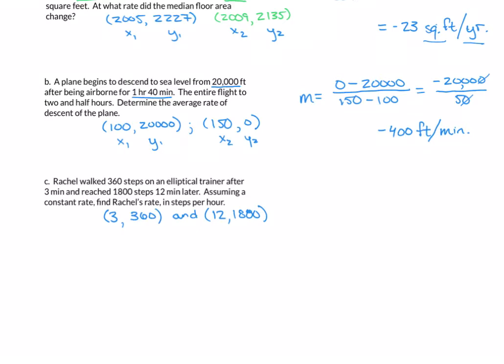So now let's go ahead and plug this into our formula for slope. We get m equals, I'm going to subtract my y coordinates, 1800 minus 360, over, subtract my x coordinates, we get 12 minus 3.